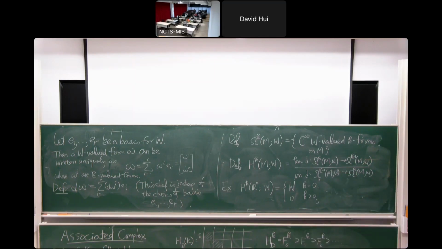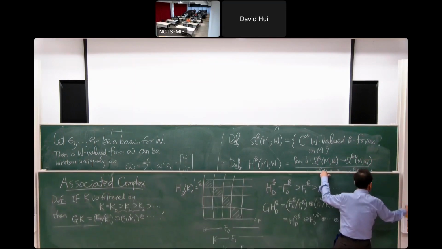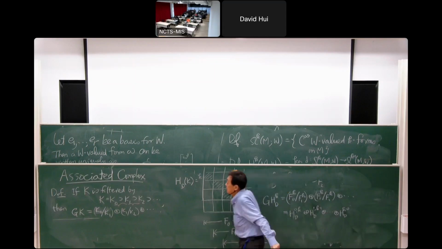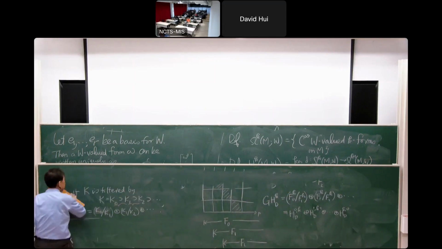we can generalize the Čech-de Rham isomorphism to W valued forms.